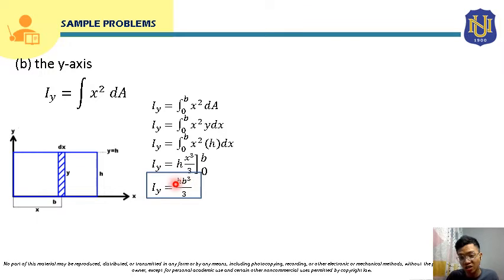That's why h and b cubed are just interchanged here. Anyway, memorize this also, because you will also see this in our table with values of the moment of inertia for some common geometric figures. So you will see this in the tables.